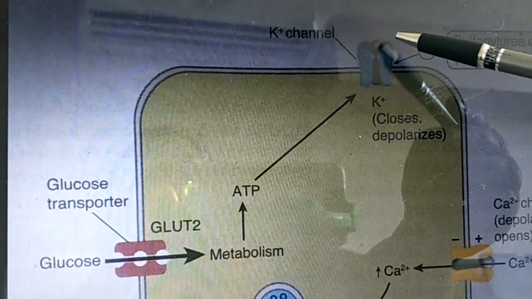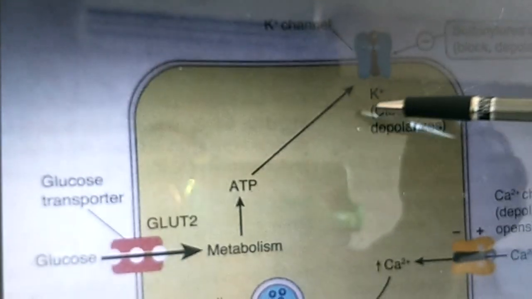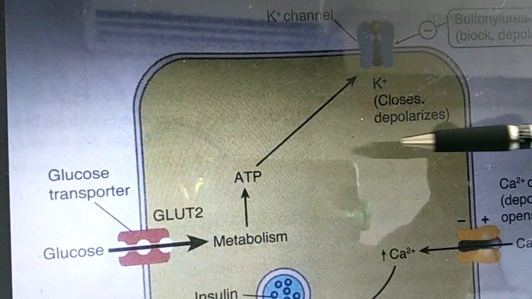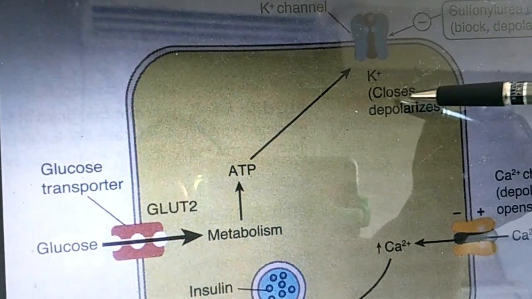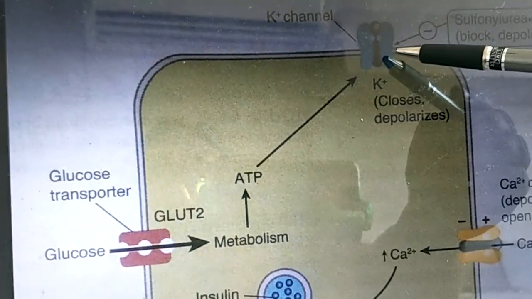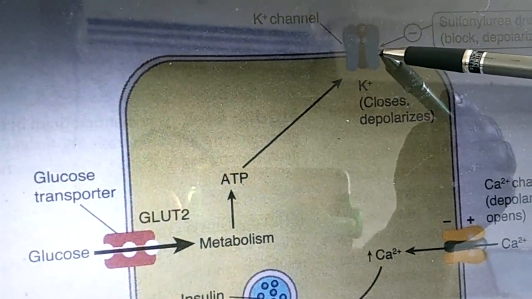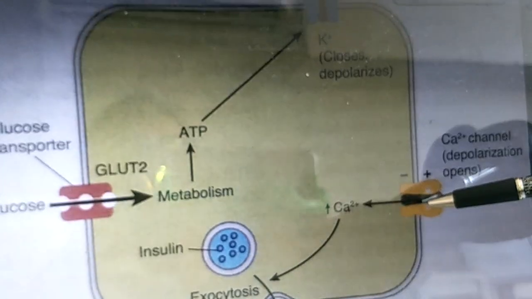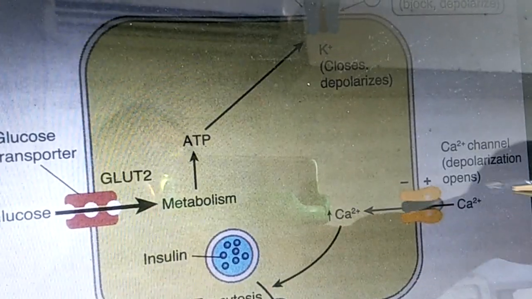Now when the flow stops, the membrane gets depolarized. The membrane potential will move towards positive. Depolarization of the membrane due to closure of potassium channel. Now when the membrane gets depolarized, calcium channels open up as they are voltage sensitive.